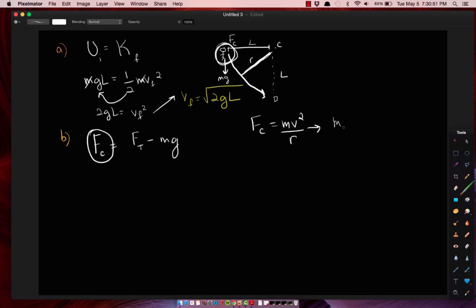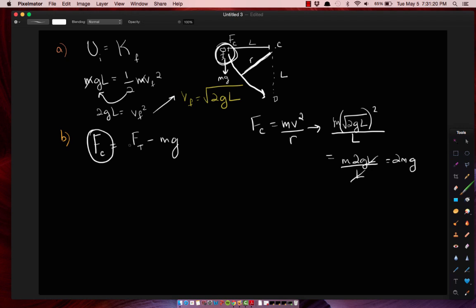So it's going to be m times the square root of 2gL, squared, all over r, which is L. And this simplifies to m 2gL, because the square root squared is the same thing, m 2gL all over L. M's cancel out, so it's 2mg.